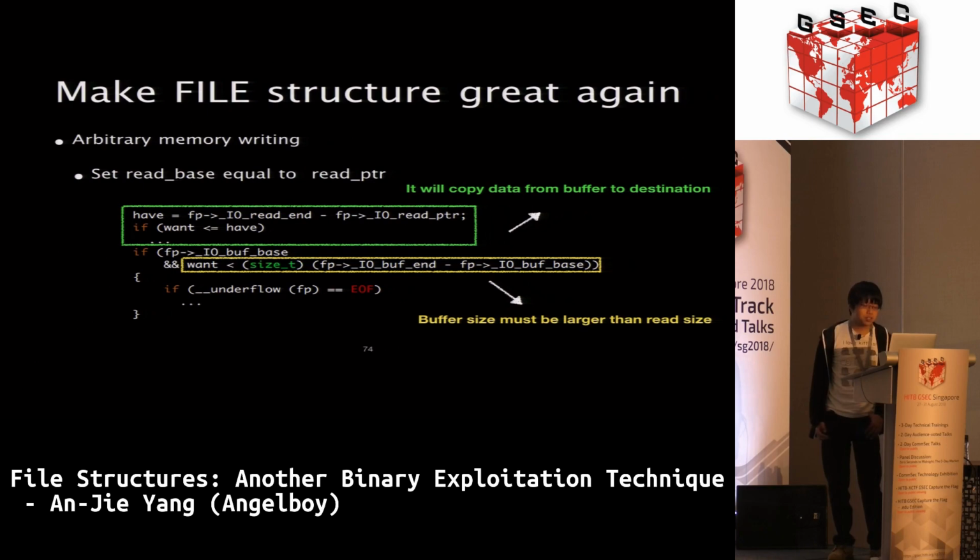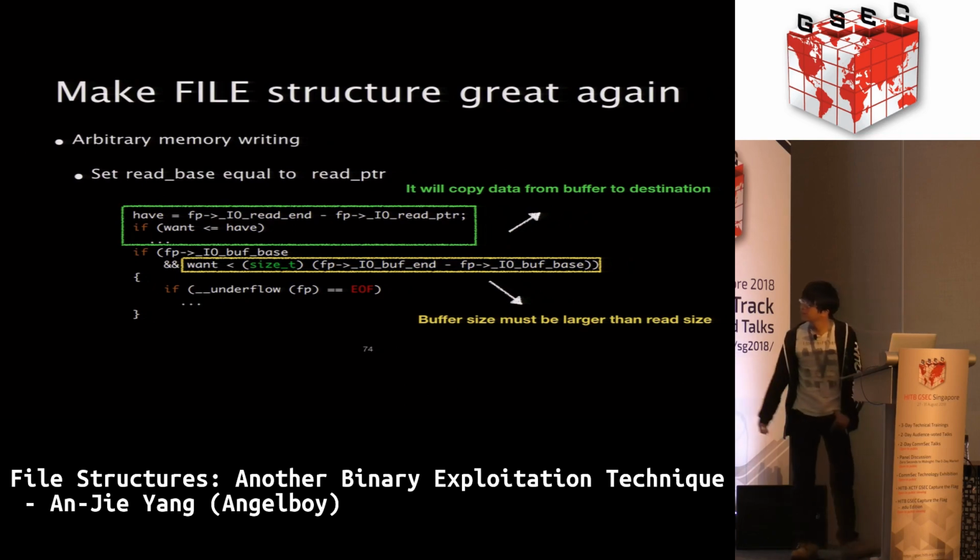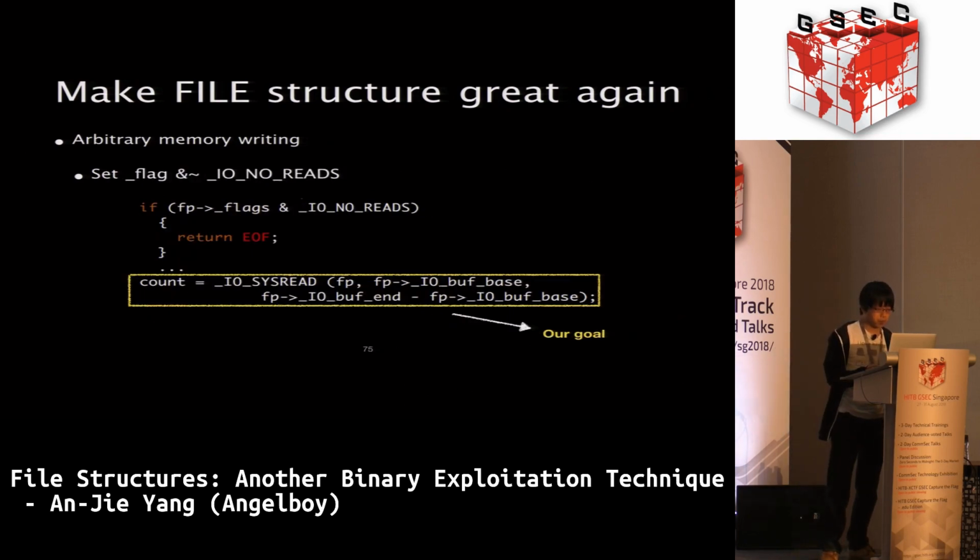The following condition is that the buffer size must be larger than the size of fread, because you need to make it think that the buffer has enough space to put your data. Next, we do not need the flag IO no read because we want to read data into memory. If all conditions are satisfied, it will call the system call read to read our data to our goal.